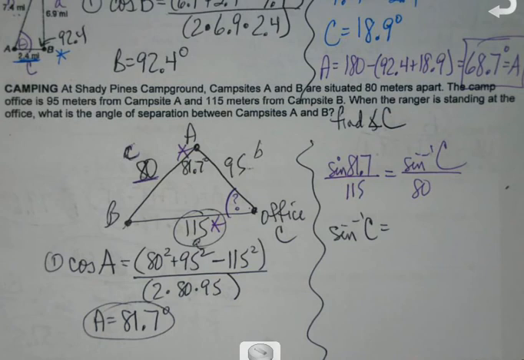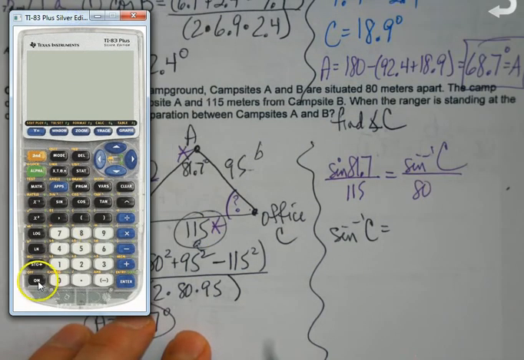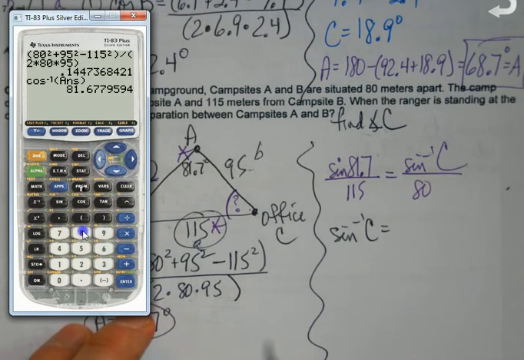Do my cross multiplying here. Let me get this out of the way. So I've got my 80 times the sine of 117. No, 117. Where did I come up with that? 81.7. That's better. And then I divide by 115.